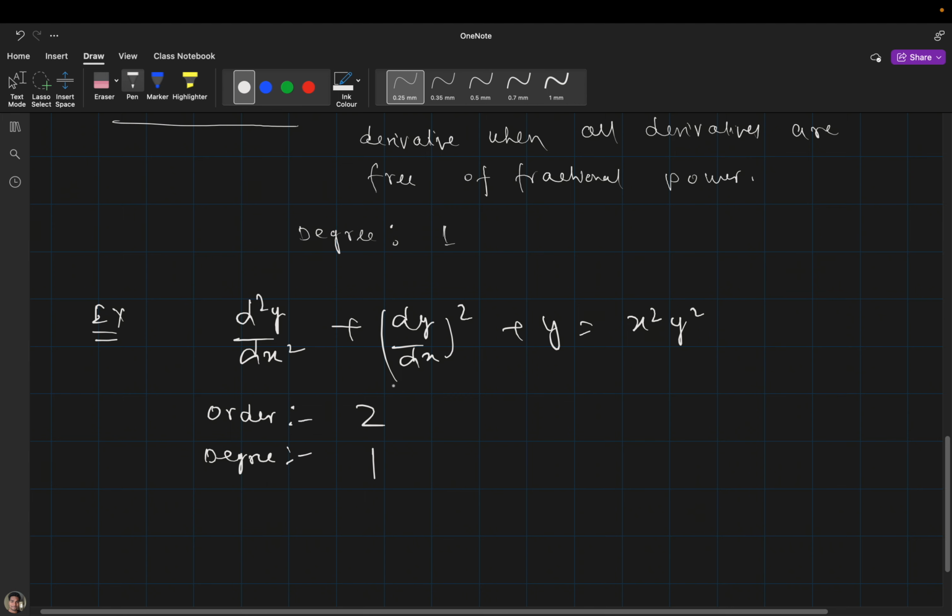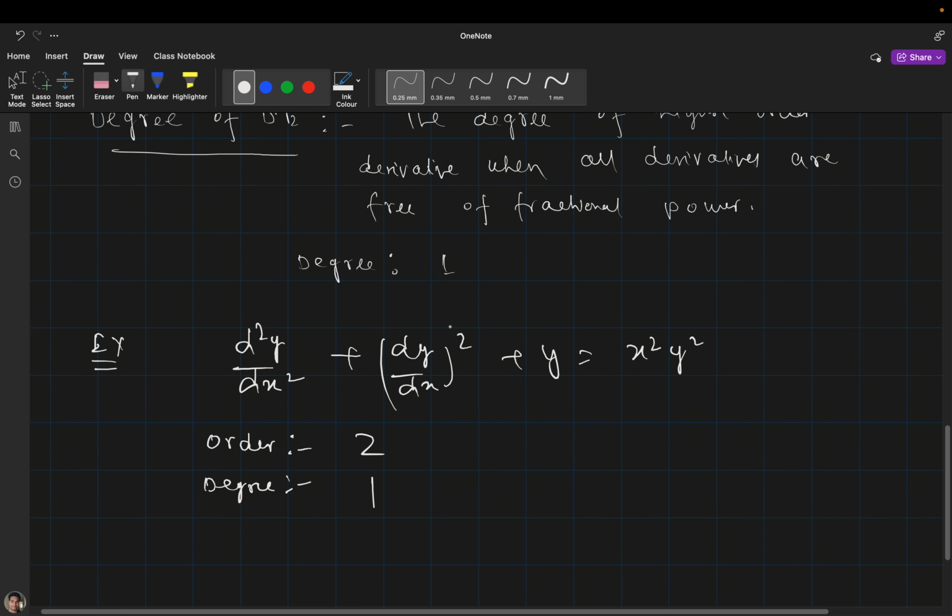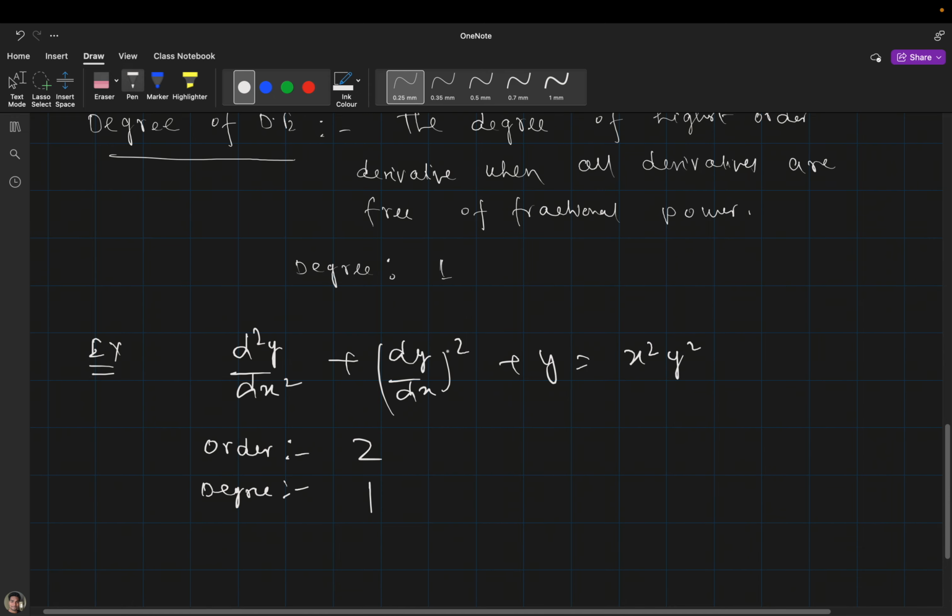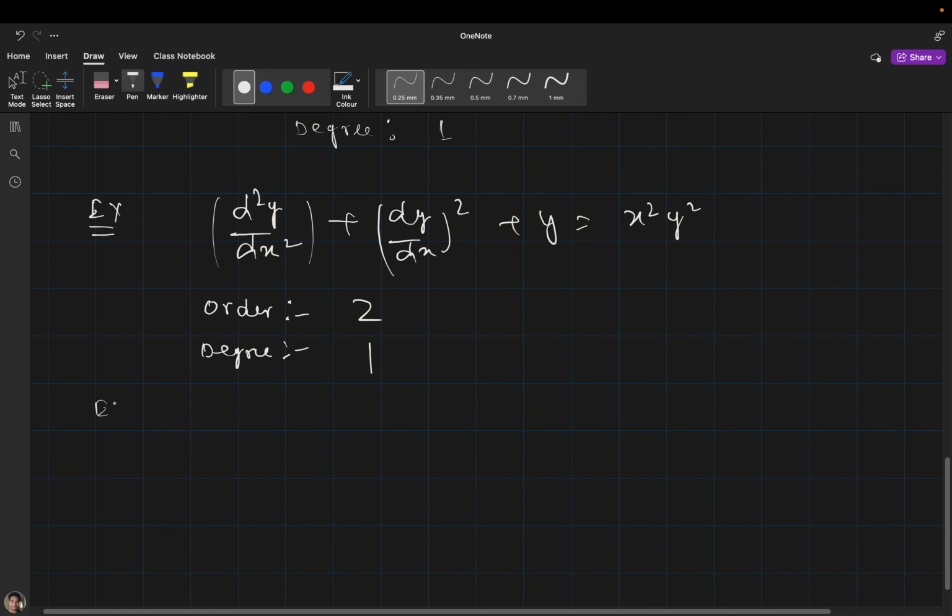So here you can see that your answer should not be 2 in the case of degree. It seems like the highest power is 2, but the answer is 1, because first we have to look at what the highest order derivative is, and the power of the highest order derivative will be the degree. So in this case the degree will be 1, not 2. Fine. Okay, so let's take another example. Suppose you have a differential equation like this.